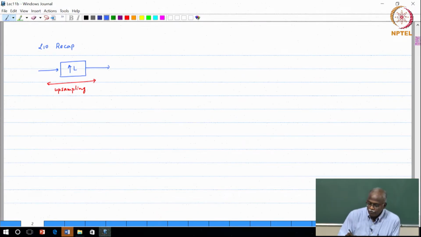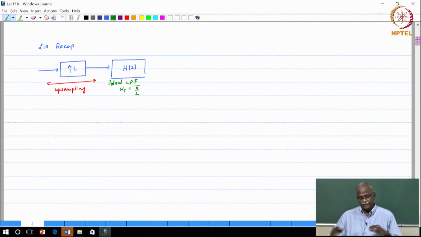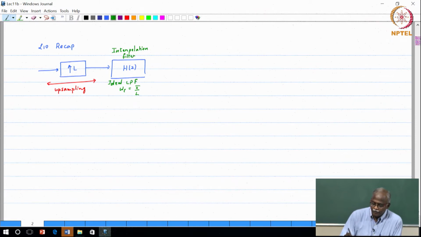Then if you cascade it with a low pass filter H of Z, the specification of this filter is that it is an ideal low pass filter with omega c equal to pi over L. It will remove all images outside of minus pi over L to pi over L. Such a filter we would refer to as our ideal interpolation filter.